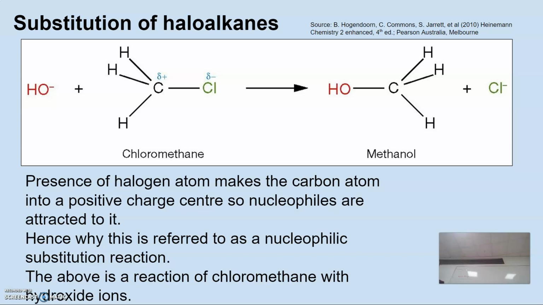So if I said leave the classroom, what would that mean? Get out. And I want to replace you with someone who is stronger and more interested in their learning. Right, so chlorine is a good leaving group. Hydroxide is a good nucleophile. So the hydroxide comes in and the chlorine pops off. Got it?